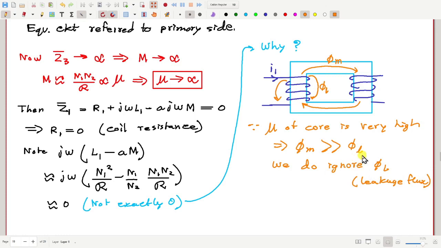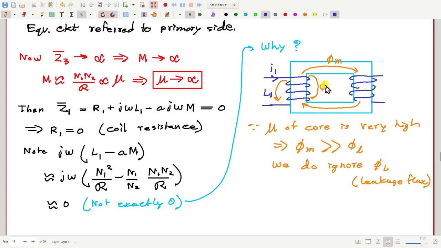However, phi l is not 0. Now what happens? When I calculate, say, L1, the self-inductance of coil 1, I should actually consider both phi m and phi l. But if you recall the way we did it earlier, we considered only this core flux phi m. We didn't consider phi l.